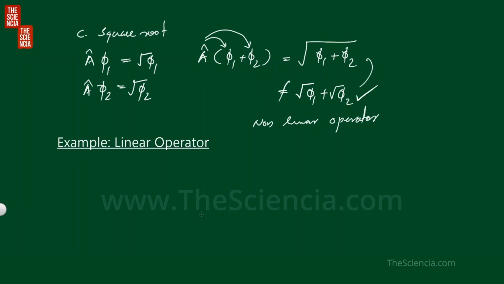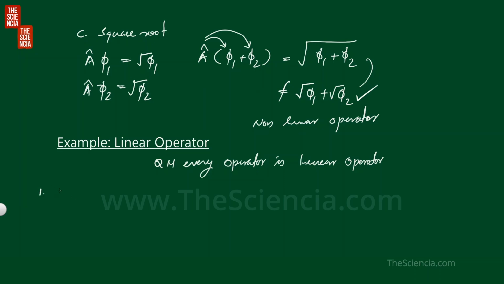Now we can discuss some examples of linear operators. In quantum mechanics, every operator is a linear operator. What are these operators?